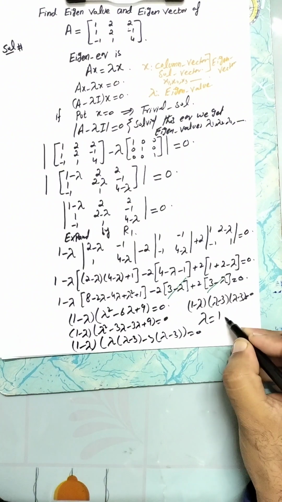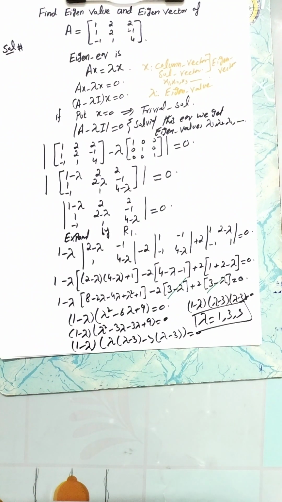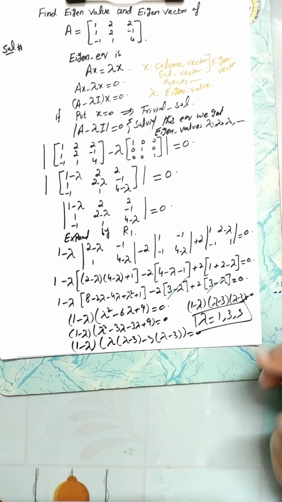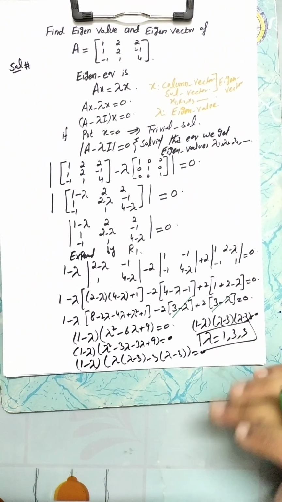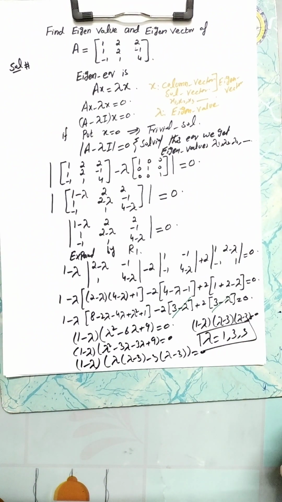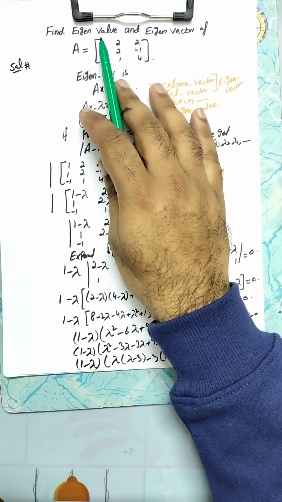So lambda is equal to 1, 3 and 3. These are the eigenvalues. In this way we calculate the eigenvalues. So this is the answer of the first question, find the eigenvalues.